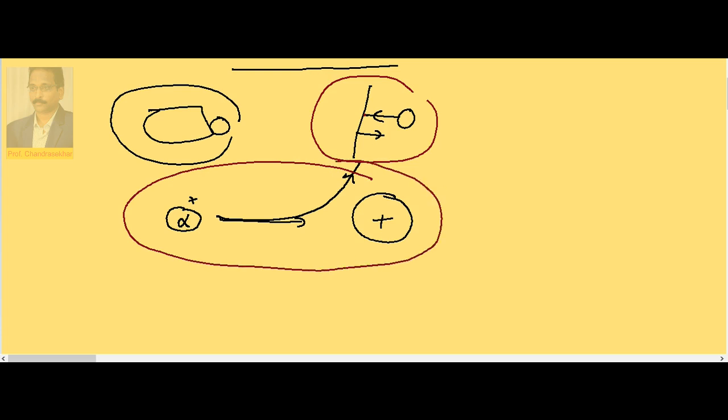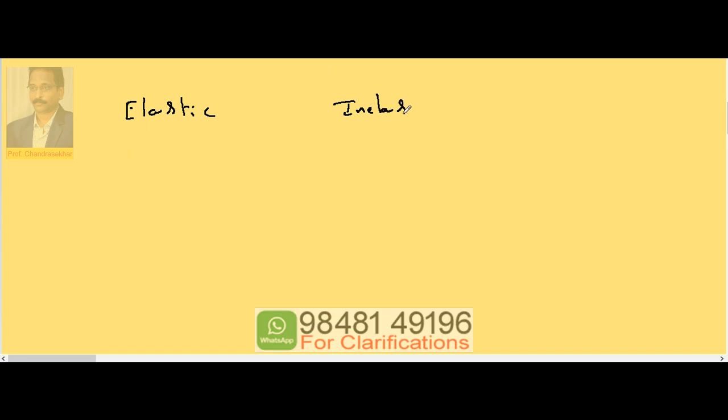Now, it was observed that collisions are basically divided into two types: elastic and inelastic. What is an elastic collision? A collision in which both momentum and kinetic energy are conserved. For the participating bodies, the total momentum as well as total kinetic energy must be conserved.